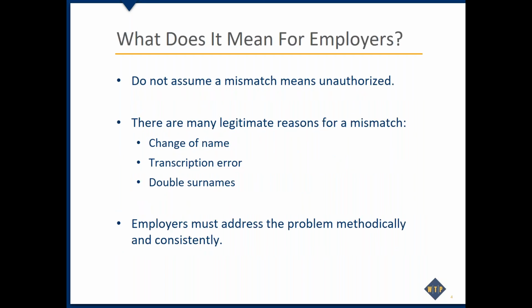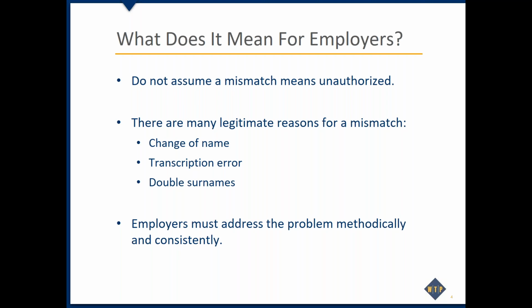The first and most important rule for a Social Security mismatch letter is do not assume under any circumstances that the receipt of a notice, which includes the employee's name, and I believe currently they're giving you a link to the Social Security database to identify the names rather than having them listed, means that these individuals on the list are unauthorized. There are many, many reasons.